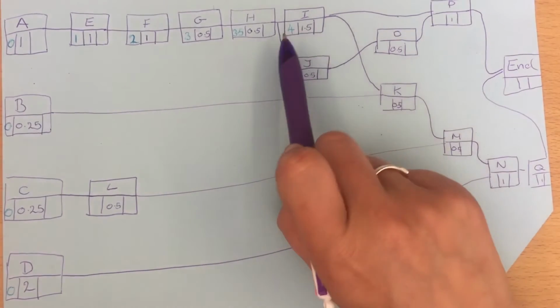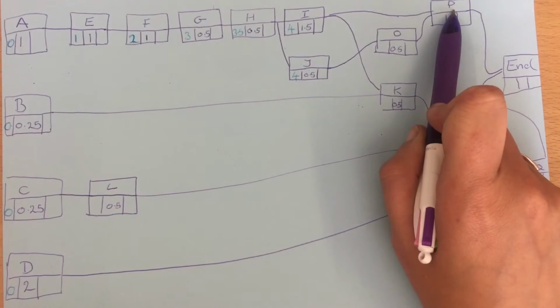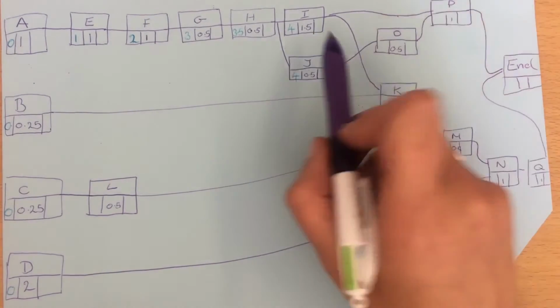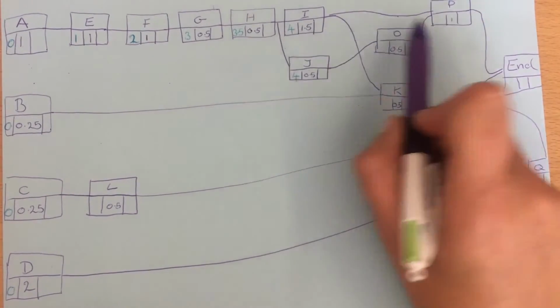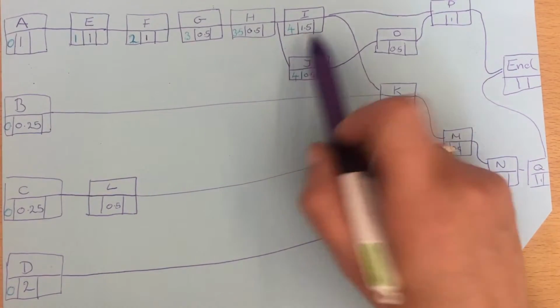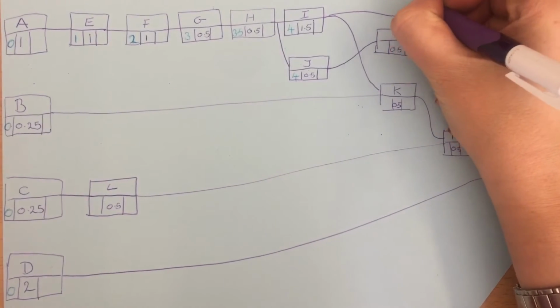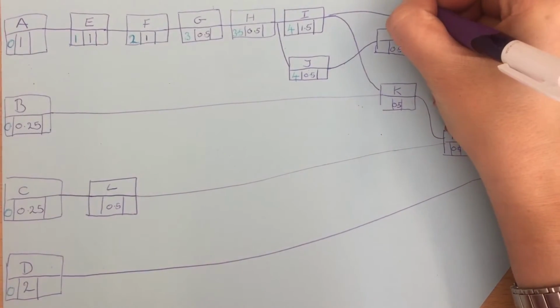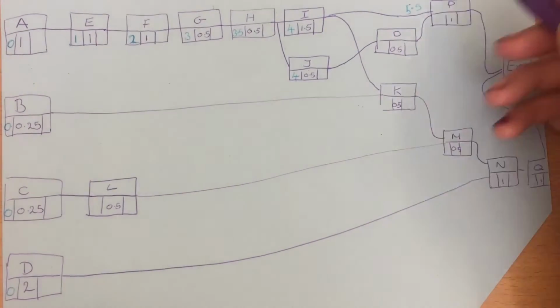Going across, P is going to have to wait for I, so P is going to have to wait for I to finish, so the 4 hours and another 1.5. So that is going to be 5.5.